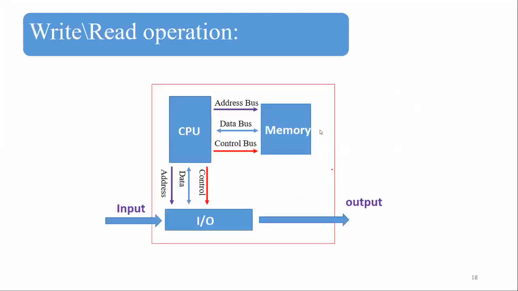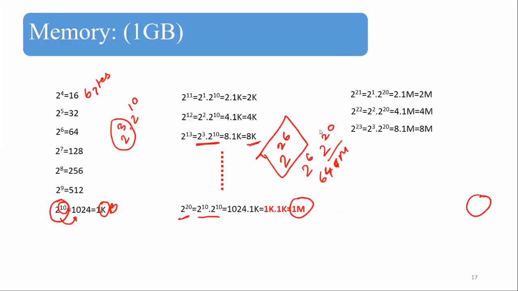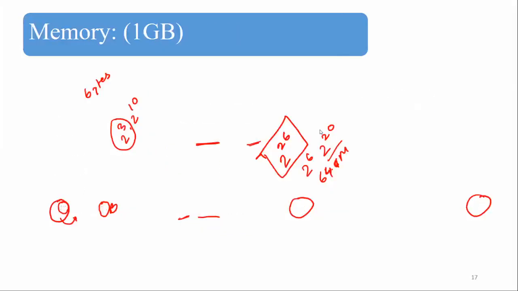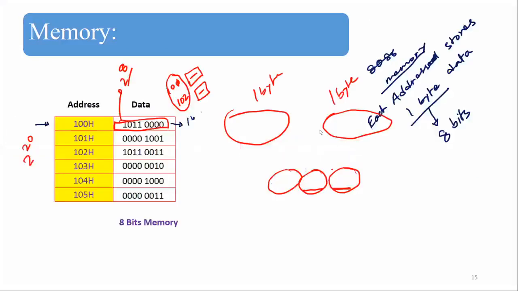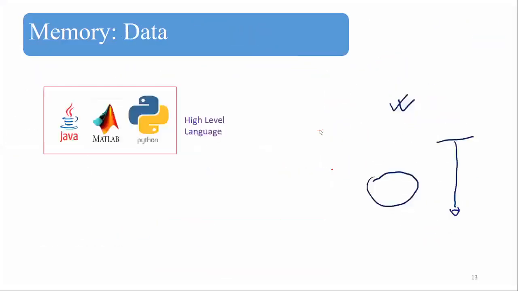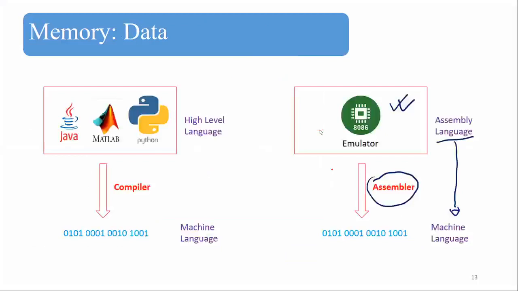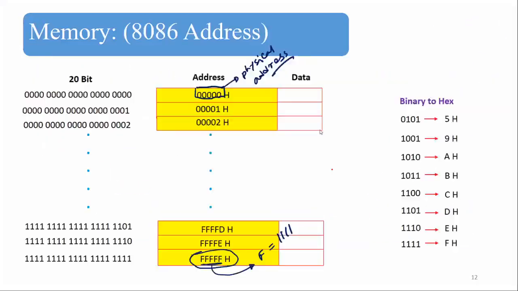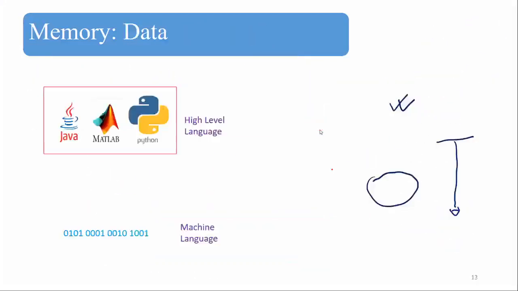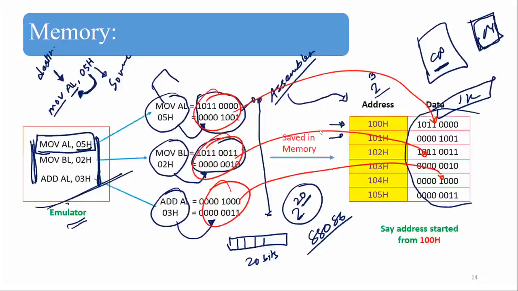Before going to read and write, what have we learned about the memories? Before, we learned about the 20 bits of memory and how those addresses save the data of the program.